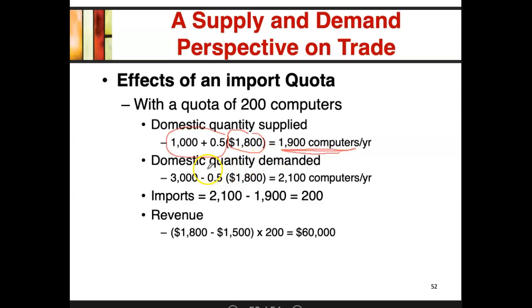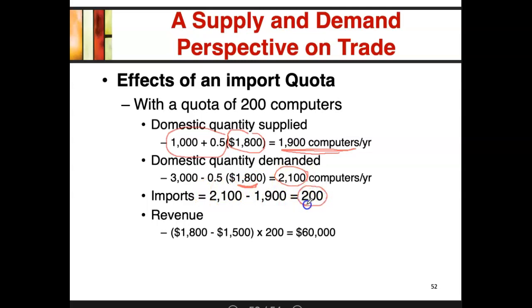Domestic quantity demanded is putting the $1,800 into the quantity demanded equation, 3,000 minus 0.5 times 1,800, which is 2,100. Again, quantity demanded does not equal quantity supplied, so you still have some imports, which you already know is 200.